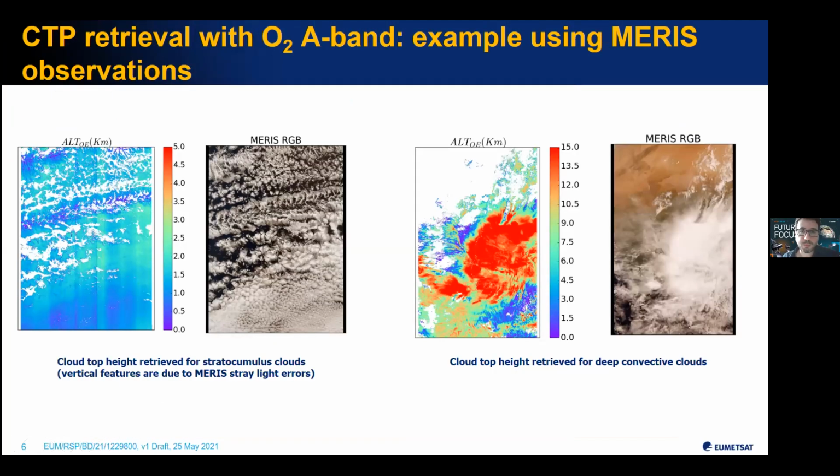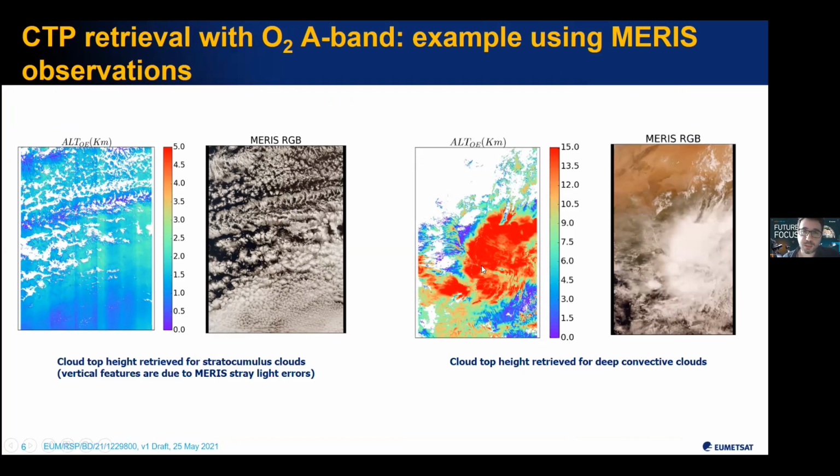I'm going to show a couple of examples computed with proxy data. In this case, we're using MERIS observations, which has similar bands within the oxygen A band, for two cases. This one is a case with low stratus-like clouds over the ocean, and this is a more complex deep convection cloud with low clouds and cirrus clouds.